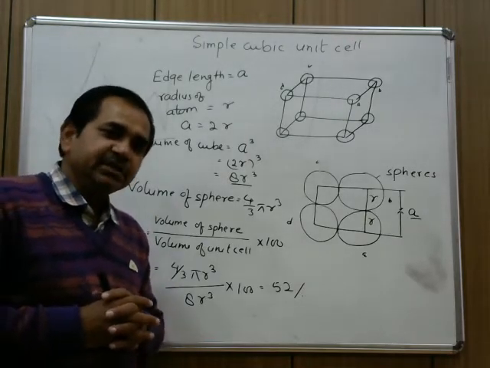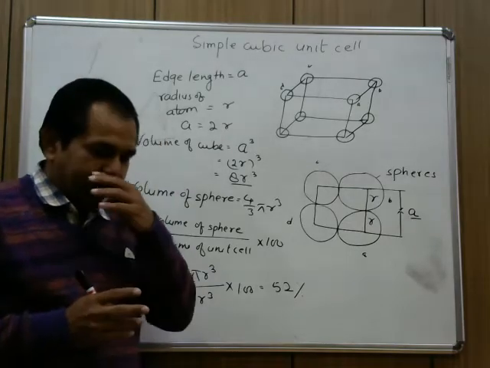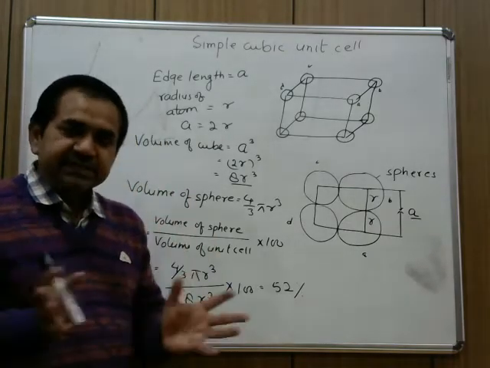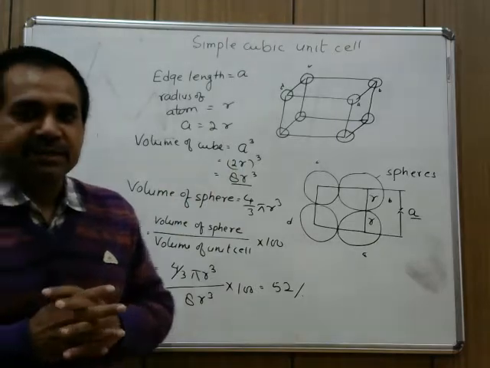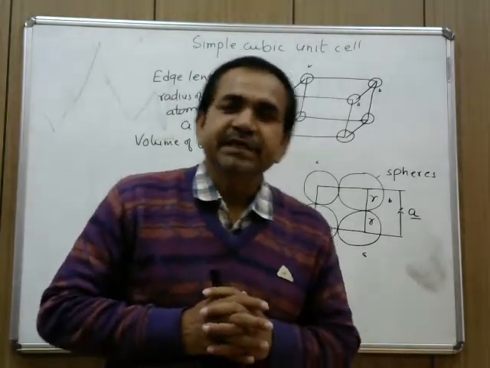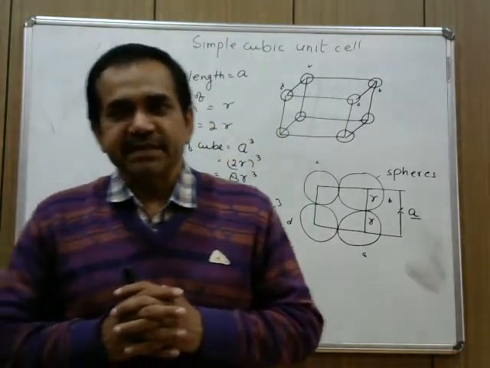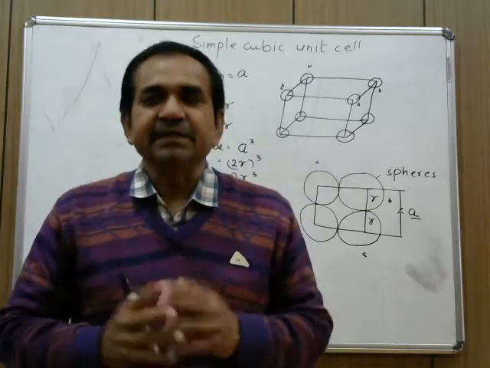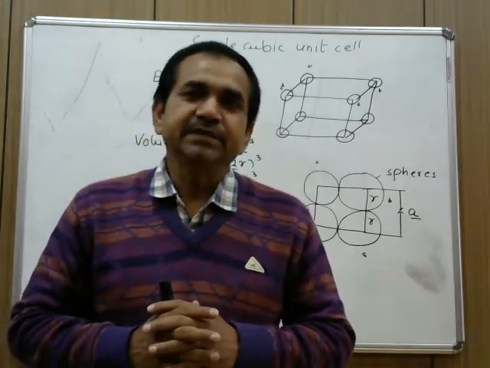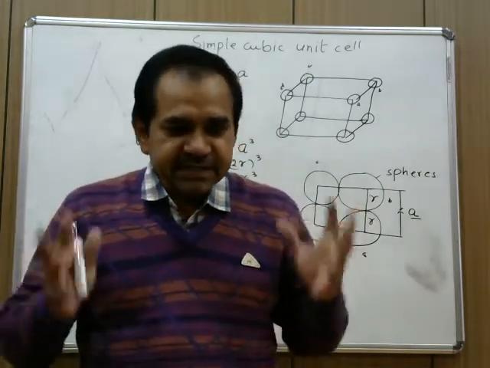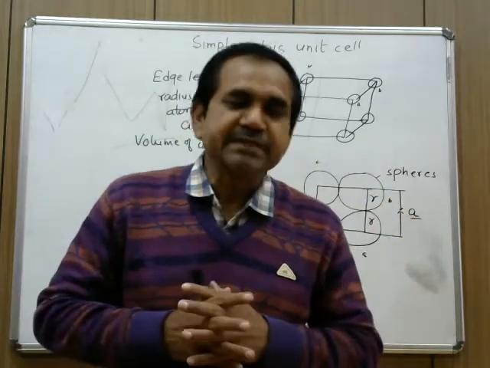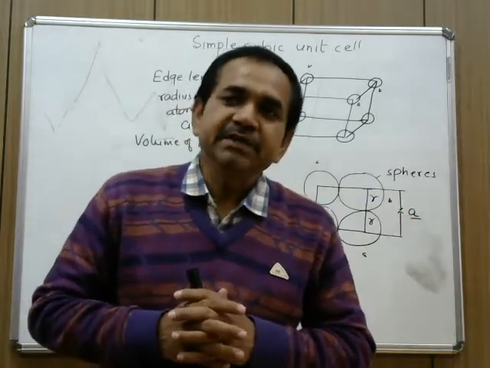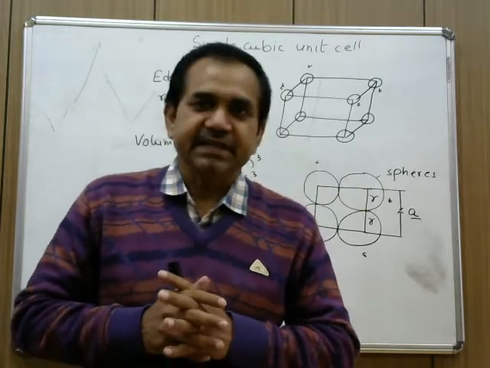Packing efficiency or packing fraction refers to the fraction of total volume available that is occupied by the spheres. This is the basic thing regarding close packing of spheres, that spheres try to accommodate maximum space available and try to leave minimum space vacant.